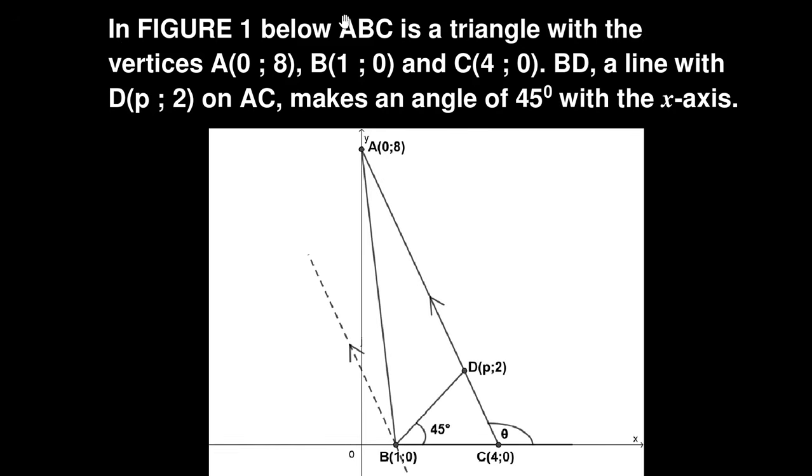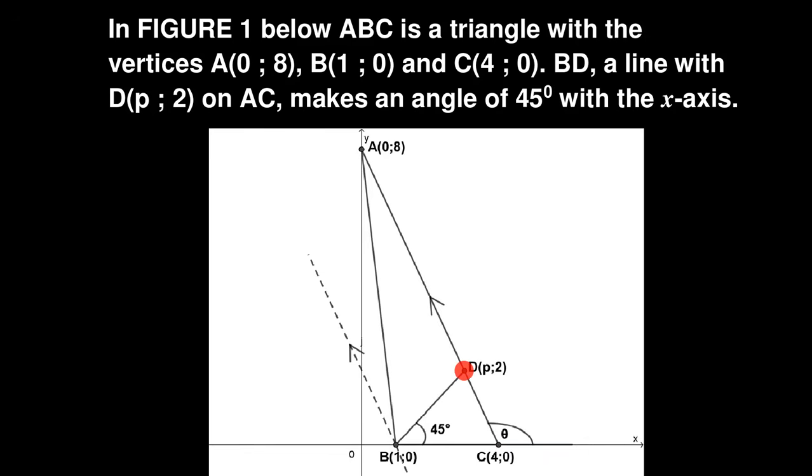It says in figure 1 below, so this is the diagram. Now it says ABC, so I've got my A, my B, and my C. As you can see, it is a triangle with vertices. We've got our A as (0, 8), our B as (1, 0), and our C as (4, 0).